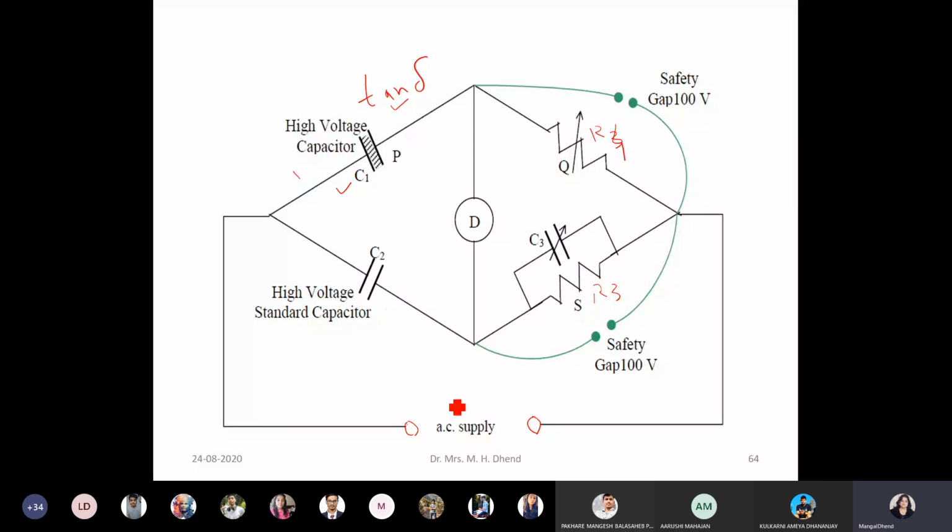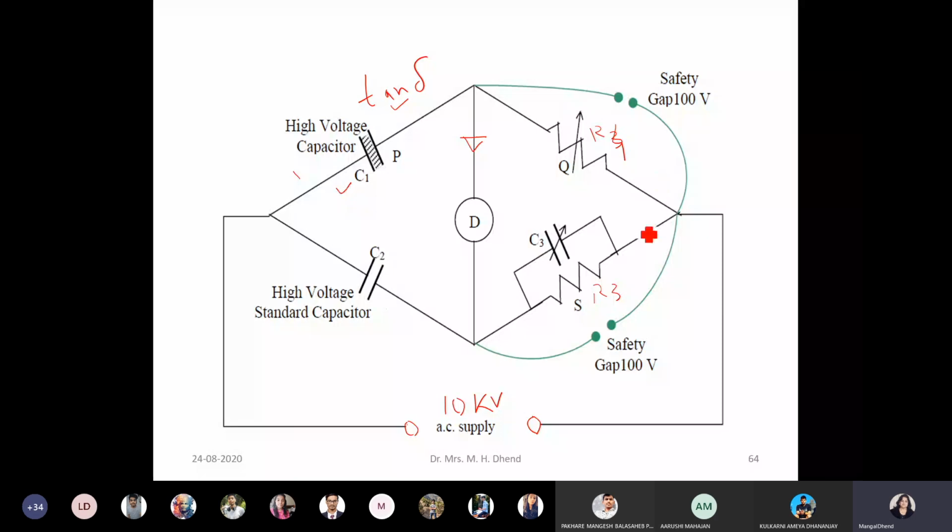Now when I apply voltage, this Schering bridge generally uses 5 kilovolt or maximum 10 kilovolt. Suppose you are giving a 10 kilovolt supply. Now this is your high voltage capacitor. You are operating here, changing the resistance, getting near to the balance, and you have to find out when the current will be 0, which is represented by the null detector.